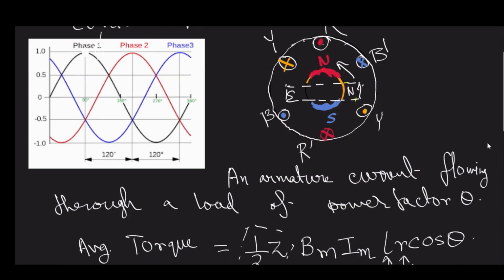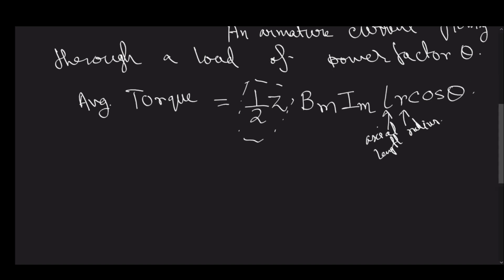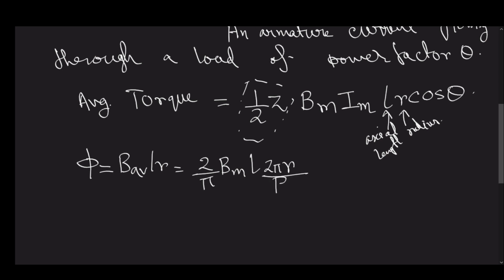If you try to figure out this B, you will see that this Bm, the working flux, can be written as B average, L, R, and that will become, if you consider a sinusoidal distribution, so it will be P phi, where phi is flux per pole.